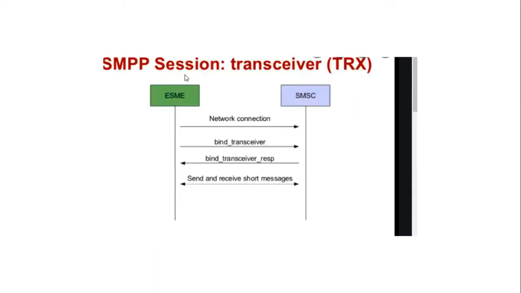So this is the flow between ESME and SMSC. The SMSC basically has one SMPP server, which I discussed in my previous video. Here the ESME first makes a network connection, a TCP connection.